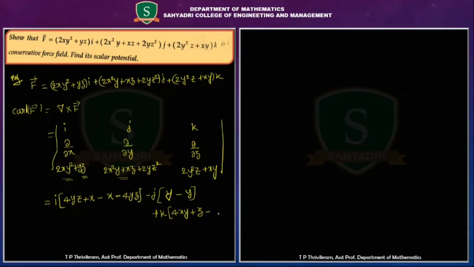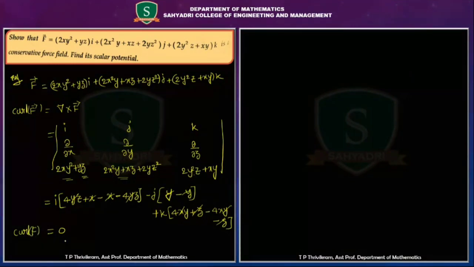So again you'll get 4xy minus z. So all the terms will get cancelled, this and z minus z. So overall the answer is 0. So we got curl f is 0.